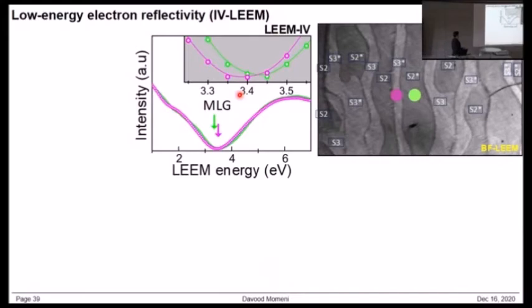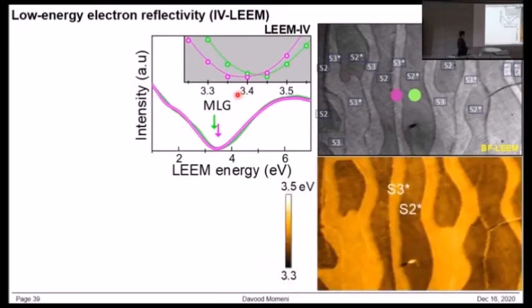So this is the map of each single pixel from the LEEM bright field at the minima. You can see clearly that the surface energies are different in these two areas.